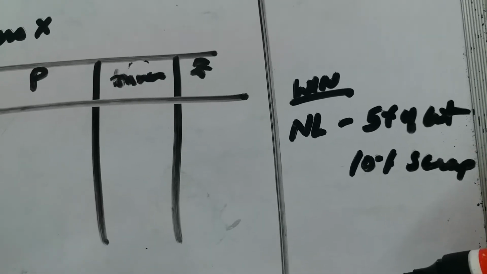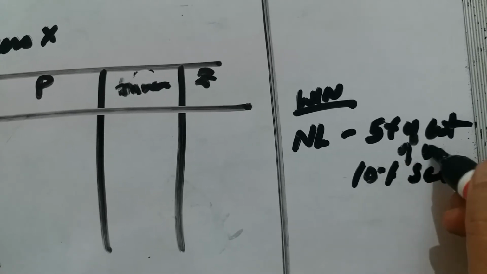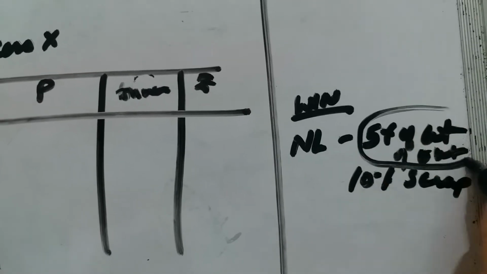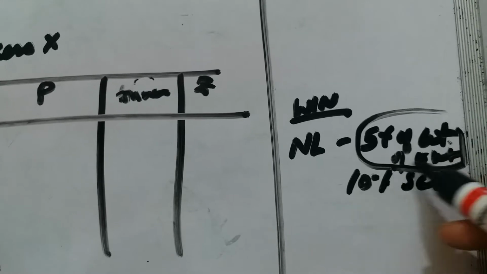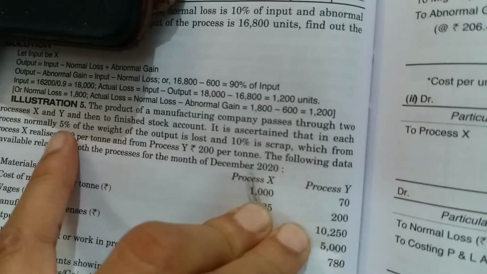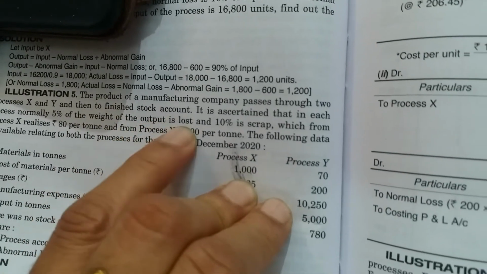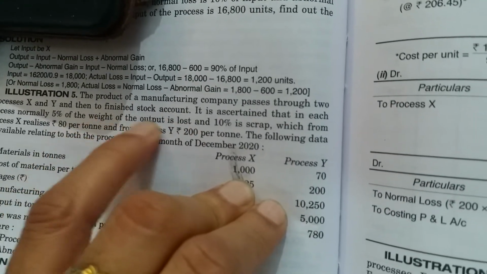Firstly, let us calculate. It is written 5% of weight of output. शब्द ध्यान से पढ़ना है हमने. Is it 5% of the weight introduced or it is the 5% of weight of output? So over here the question mentions, let me show again, it is 5% of the weight of the output is lost. 5% of weight of output.